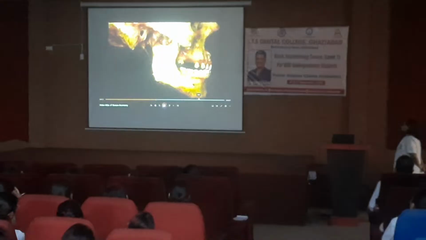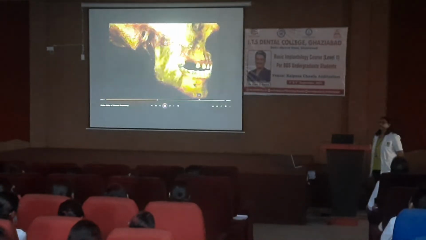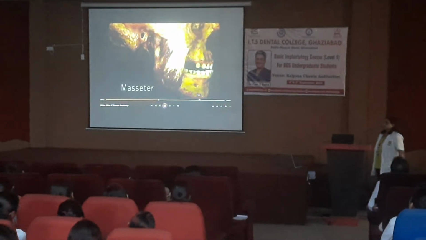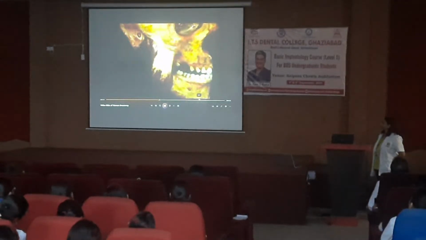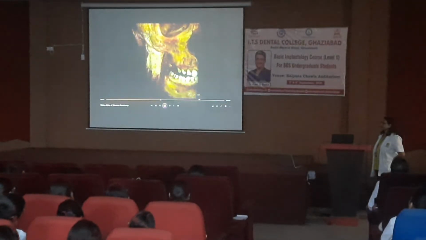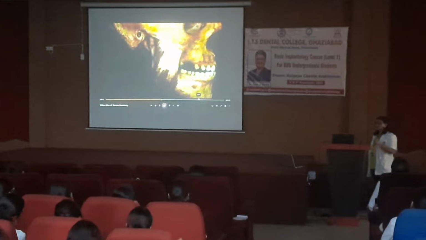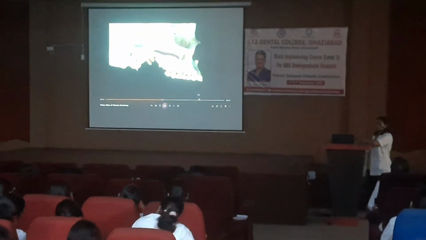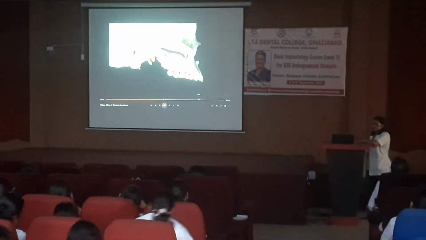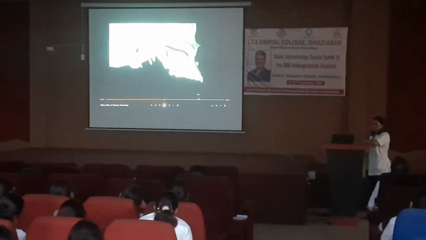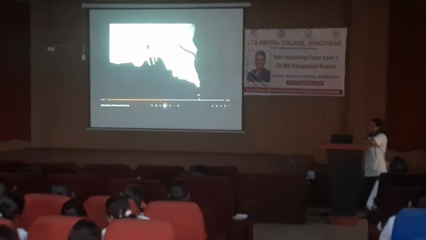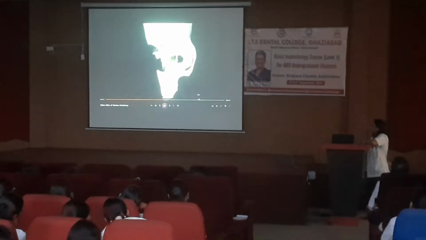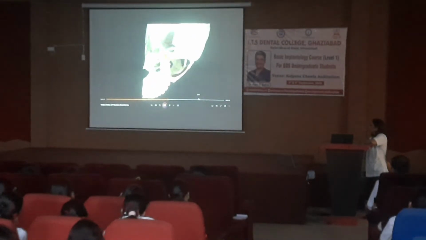Lastly, we'll add the masseter muscle to the picture. Here's the masseter. It's a thick, powerful muscle. The masseter arises from the anterior 2/3 of the lower border of the zygomatic arch on its outer aspect, and from the whole length of the arch on its inner aspect.